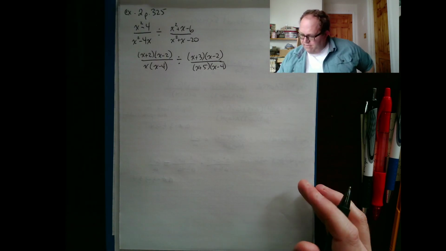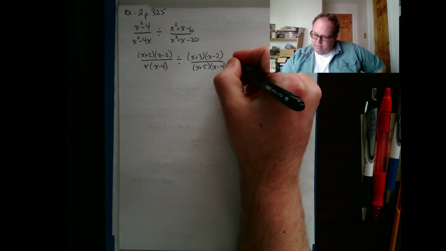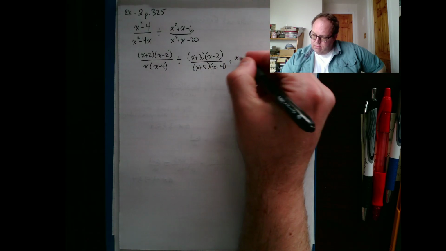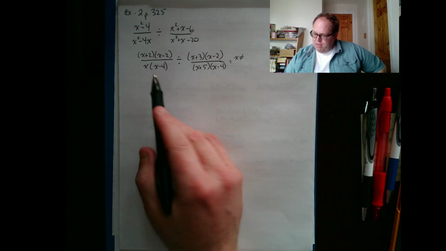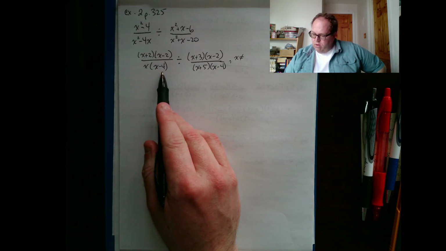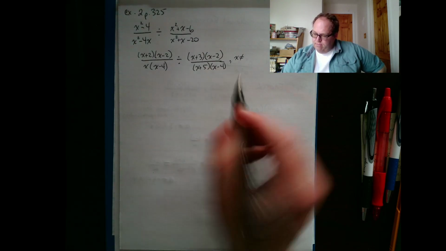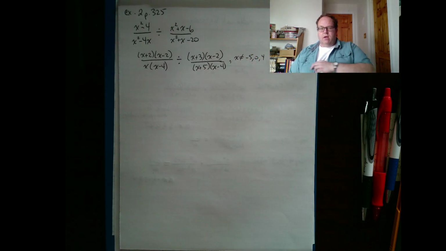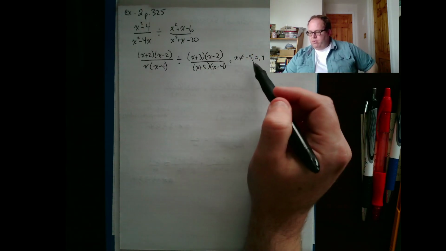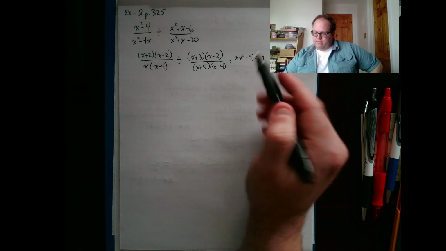Now that I've factored everything, I can start to talk a little bit about non-permissible values. I can't be dividing by 0 any place, so that means x can't be 0 or 4 or negative 5. But I might have to add a couple more to this, and I'll show why in a second.